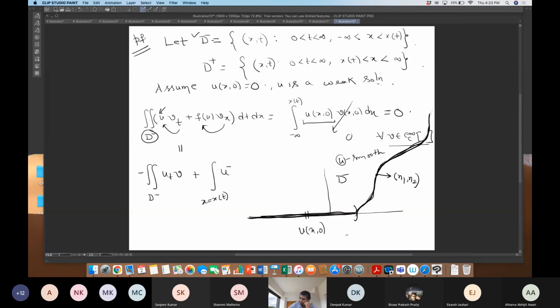And at the point xt, when I am coming from the left hand side, what is the value of u? U minus, times mu eta. Understand? Yes or no?